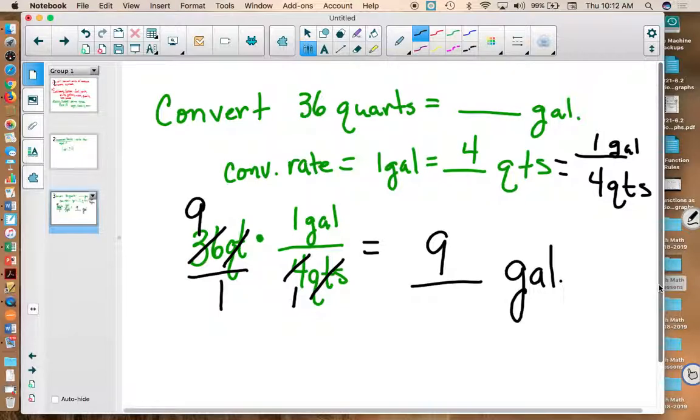But what we want to make sure that you understand is why you are able to divide by 4. It's a rate, 1 gallon to 4 quarts. 36 divided by 4 gives me the number of gallons. I like it that way. I totally agree with you. Okay? Your book is showing it, and the state, the whole assessment process is you want to understand it's a rate. You're multiplying it by a rate.